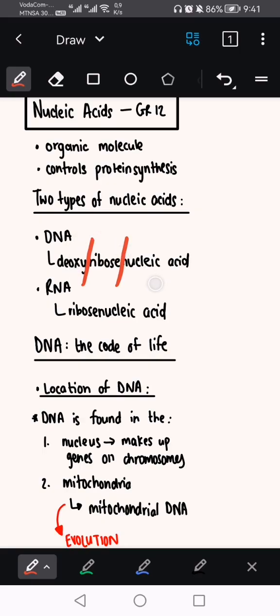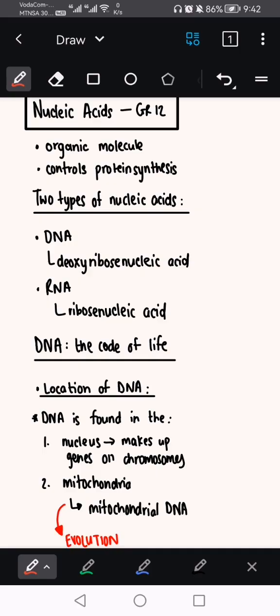Nucleic acid means that it is an organic molecule, and this organic molecule will also play a role in protein synthesis. So it is sort of just a whole bunch of connections that you must form. It is a deoxygenated sugar, right? In a nucleic acid structure where DNA is an organic molecule and also plays a role in protein synthesis.